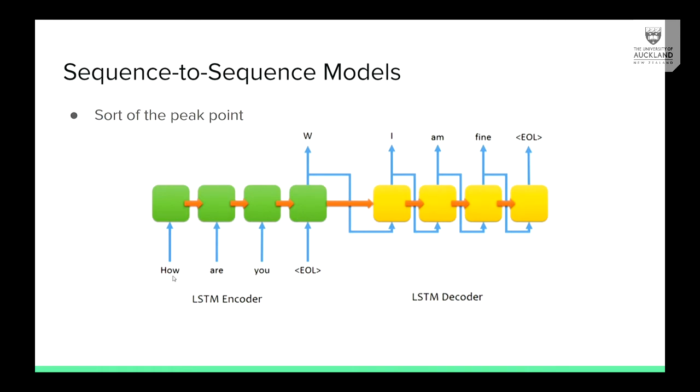So you can input three words, how are you, and then you learn a compound vector which encapsulates all this information, and then you have a decoder which uses the encapsulated information and tries to generate the answer.